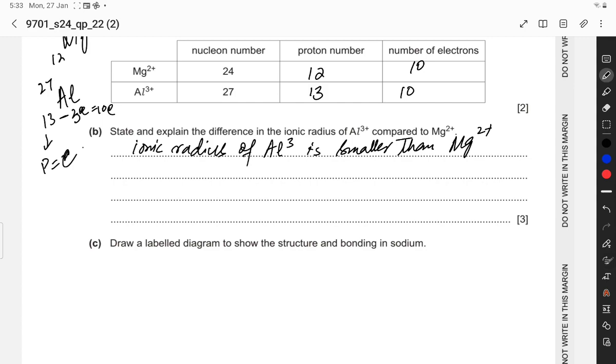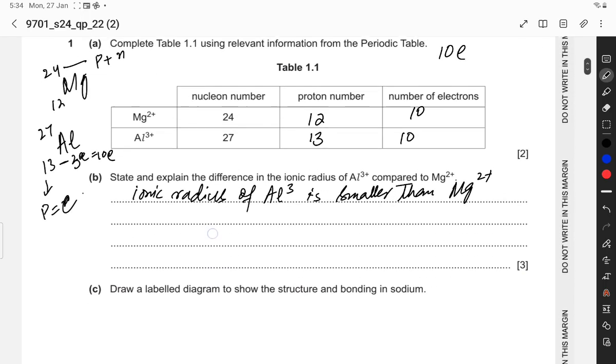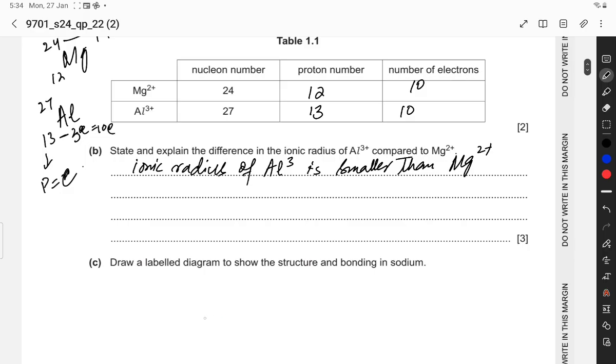You know that the ionic radius decreases from sodium to aluminium. Aluminium has greater nuclear charge attraction.